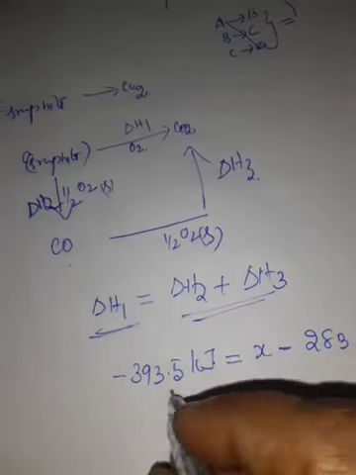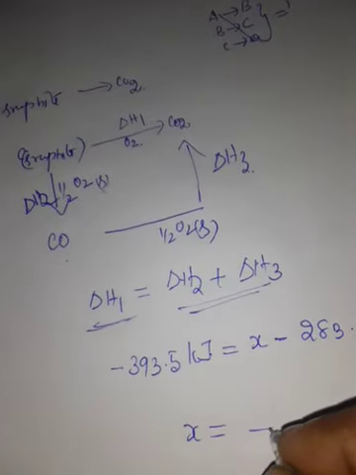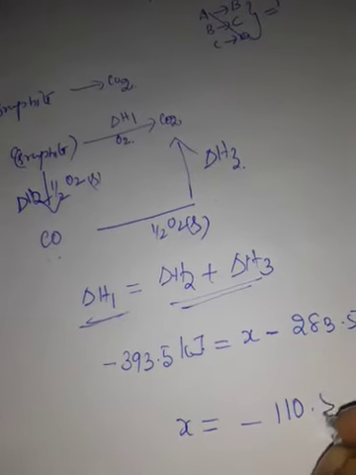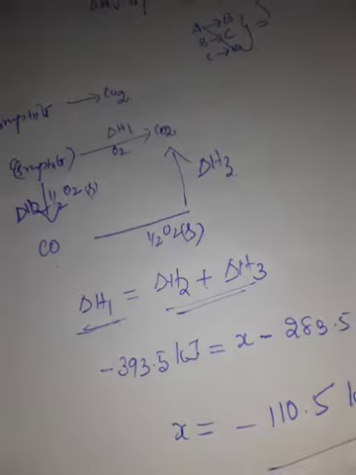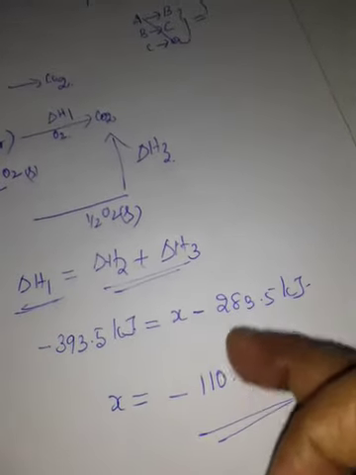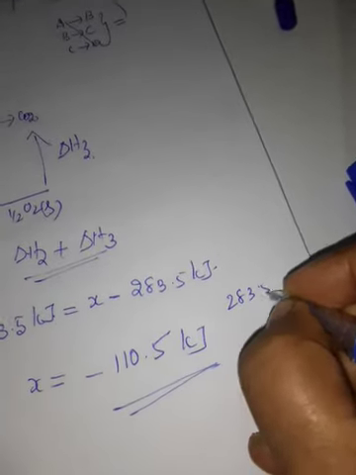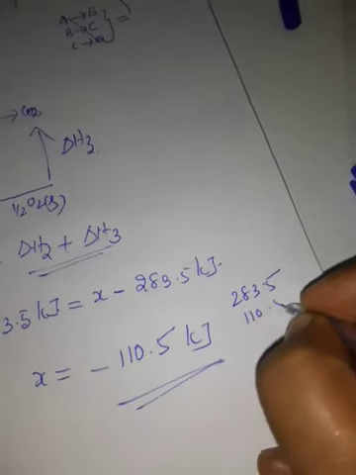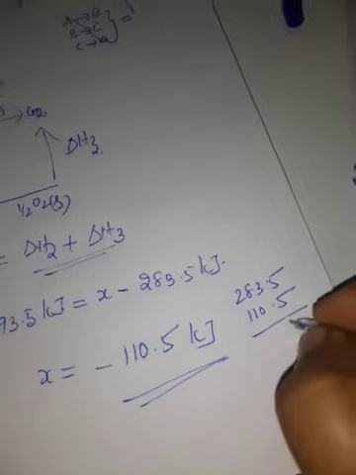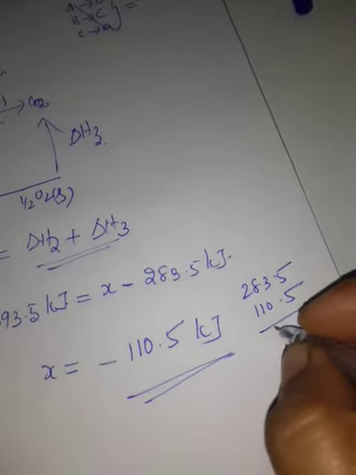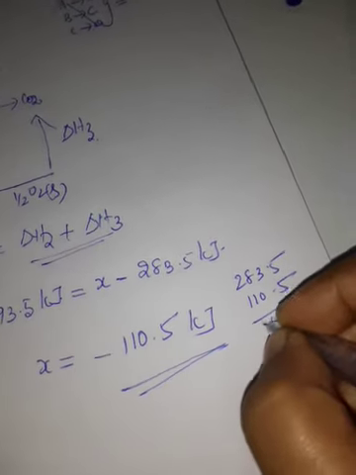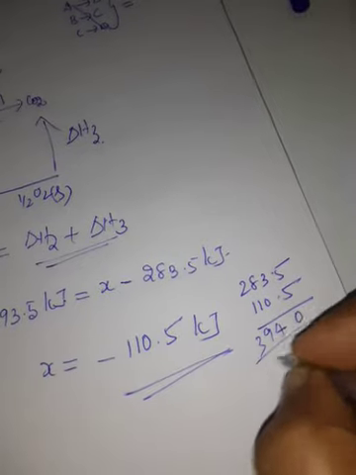X is equal to, subtract the both, minus 110.5 kilojoule. Now if you add the both, 283.5 and 110.5, we get 393.5. We are getting this value.